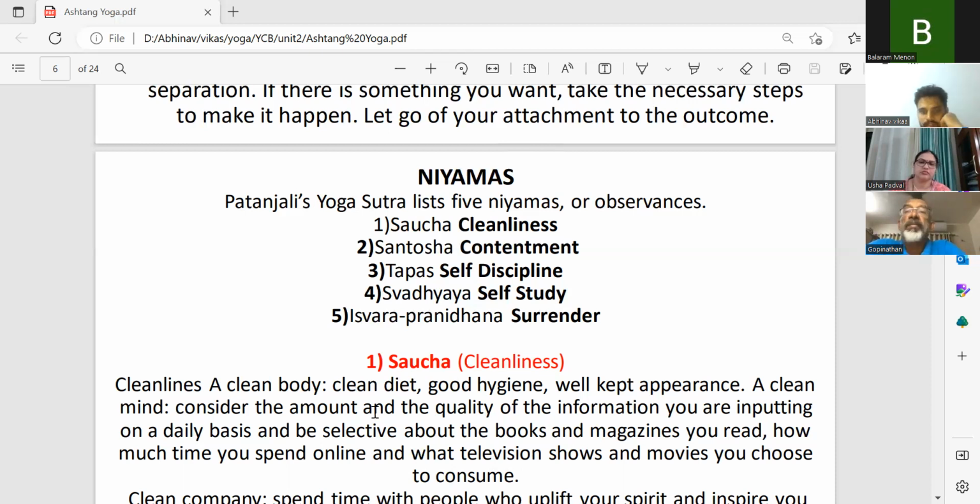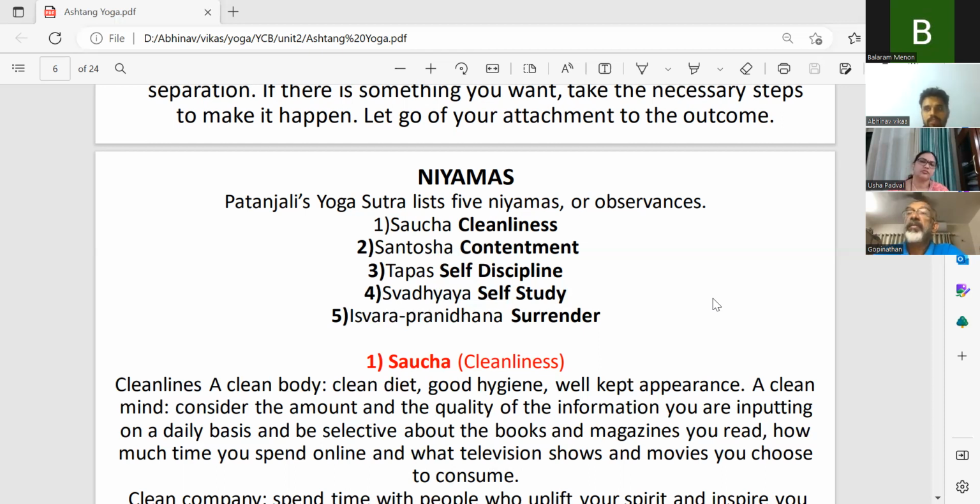A proper diet and maintaining good hygiene and a well-kept appearance. A clean mind: consider the amount and the quality of information you are putting in on a daily basis, and be selective about the books and magazines you read, how much time you spend online, and what television shows and movies you choose to consume.